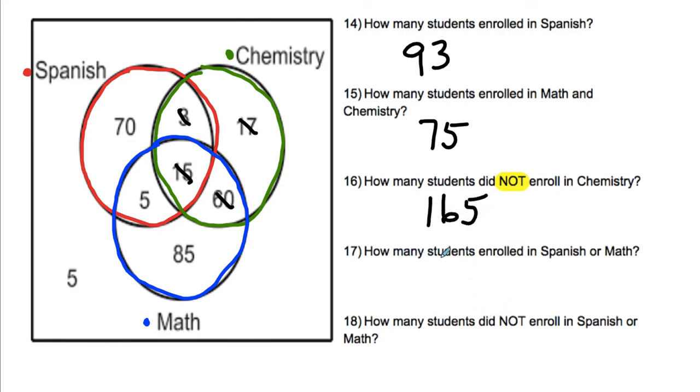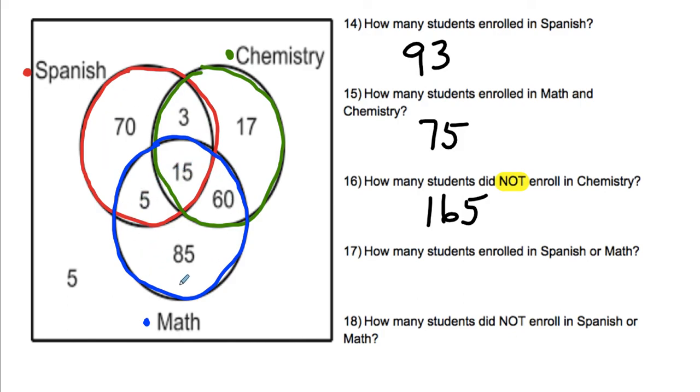Okay. Next question, how many students enrolled in Spanish or math? All right, Spanish or math. I got to erase these. So Spanish or math, that means it could be Spanish, could be math, could be both. All right, so there's going to be a bunch of people here because it could be any of these 4, and obviously these are the same.